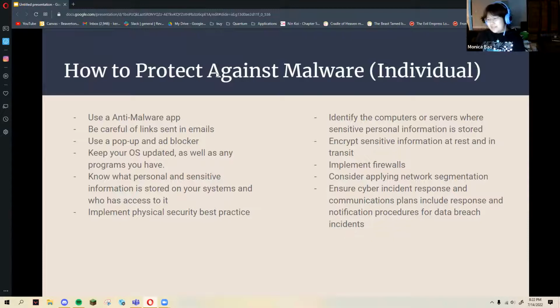Encrypt sensitive information at rest and in transit. So what does that mean? Think of sending files to other people as a mail system, right? You send it through your IP router, you send it through all of these gates, but through that, you want your information to be protected. You don't want your parcel of information to be intercepted by anyone else, right?